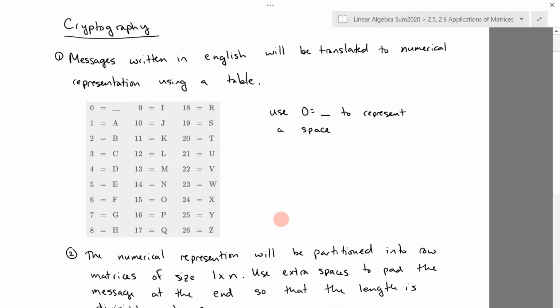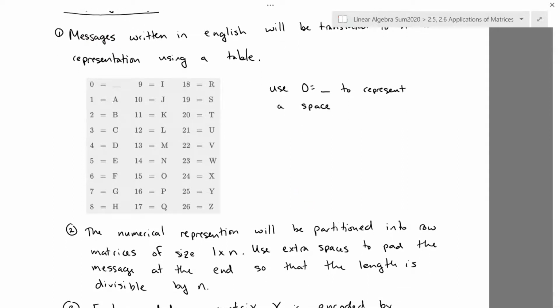And so then we'll be able to do the matrix multiplication with our key. However, because messages can have arbitrary length and they're not always divisible by n, you can run into a situation where the message doesn't fill up an entire row vector of size n.